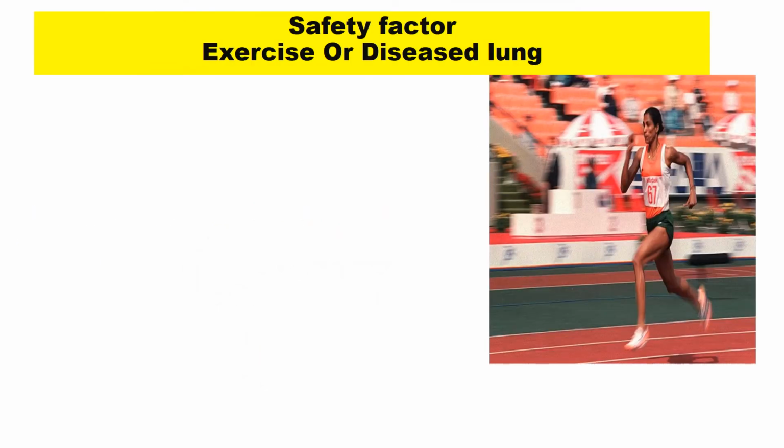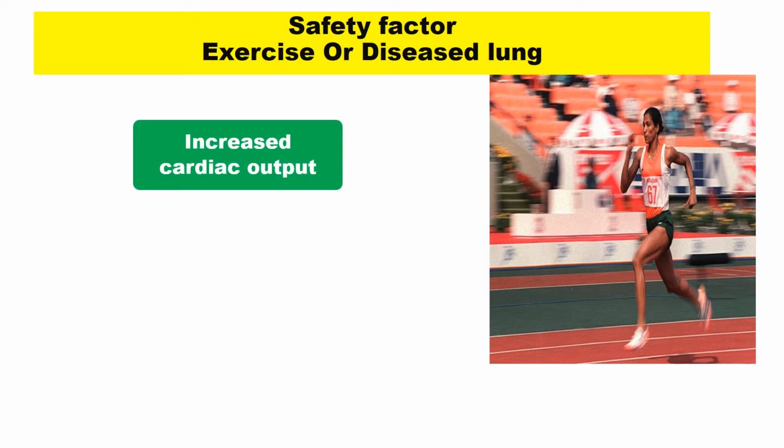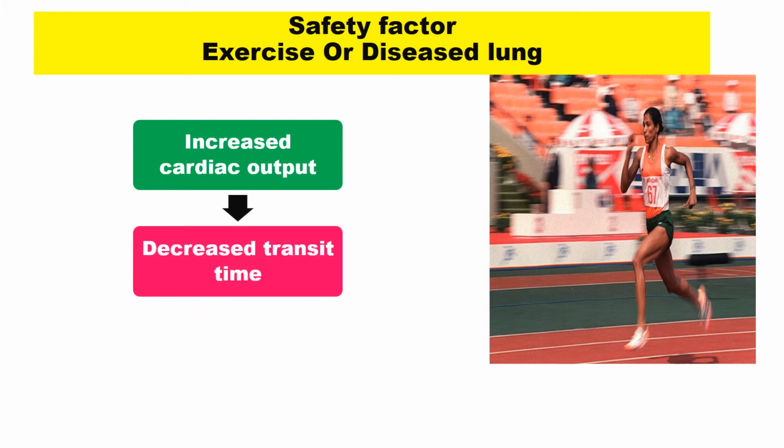This longer stay of the blood beyond equilibration is important in the pulmonary capillary because it provides a safety factor for diffusion. It is especially important in cases of exercise or diseased lung. Whenever there is a state of exercise, there is an increased cardiac output. This increased cardiac output results in the shortening of the transit time.